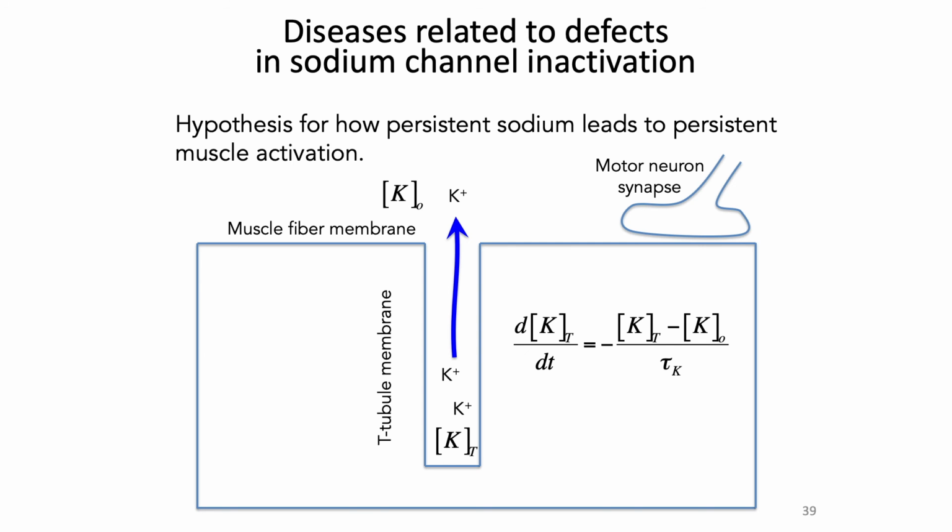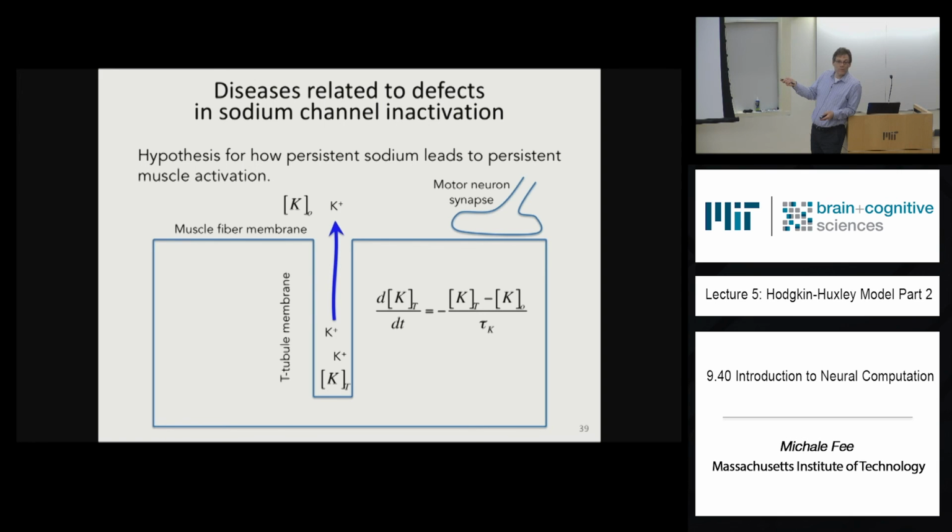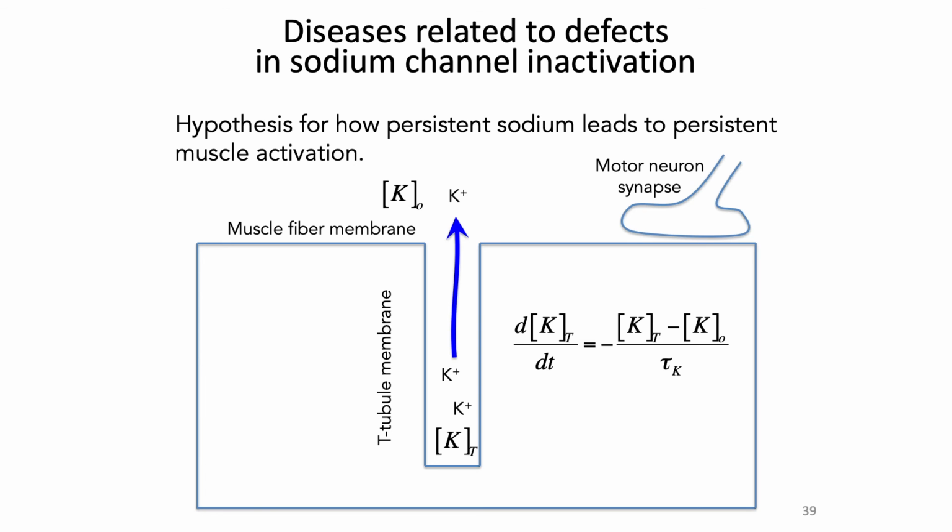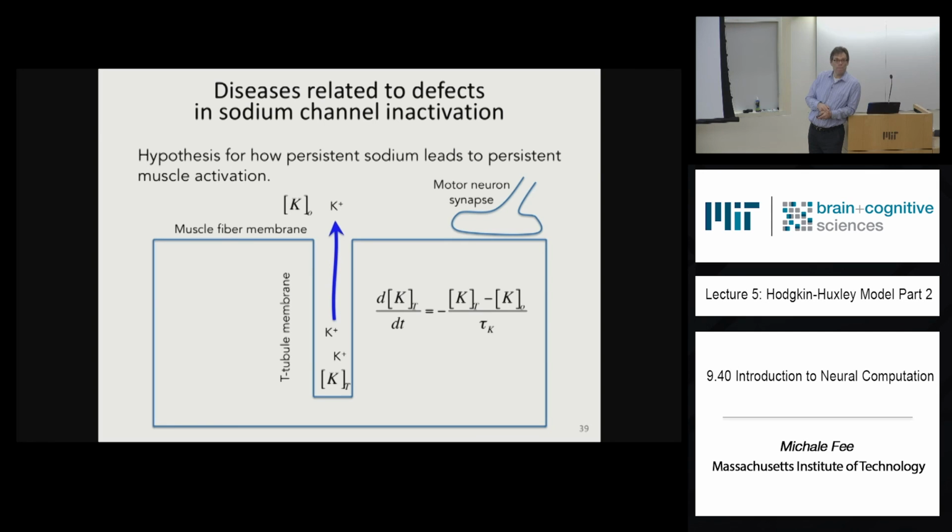Okay, so the change in potassium concentration as a function of time has a contribution from the difference between the potassium concentration inside and outside, right? That rate of change through diffusion is proportional to the difference in concentration inside and outside, divided by that time constant that we just calculated. Okay?